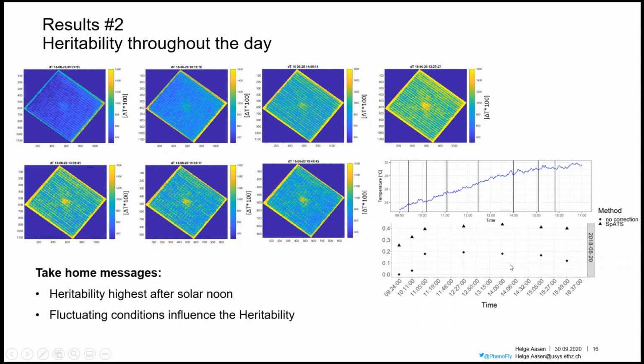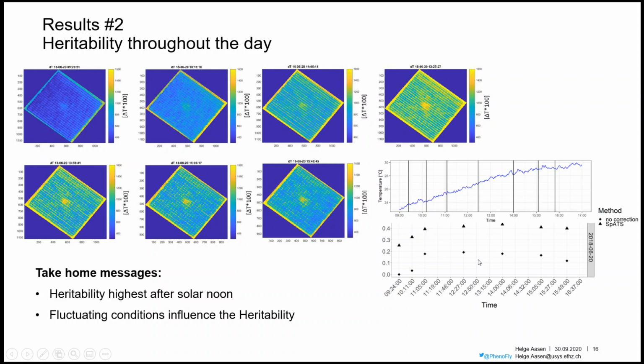If we now look at the heritabilities which we gained from these different flights, then we can see that in the afternoon they were highest. And this is also kind of what we see already in the pictures, that in the early afternoon, the differentiation between the plots is also visually the most apparent.